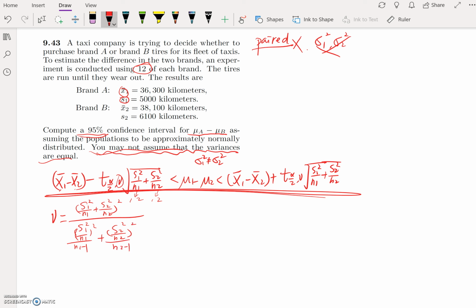All those numbers are given, so I will skip the calculation part. For v, the result is 21.18, so it's approximately 21.